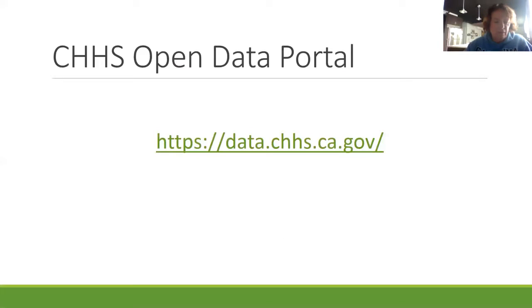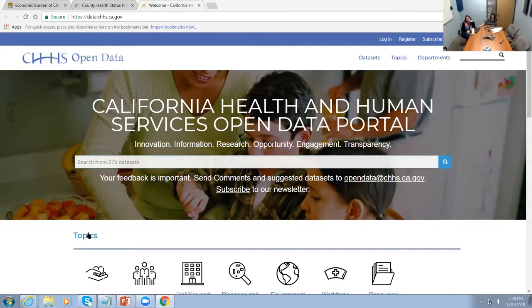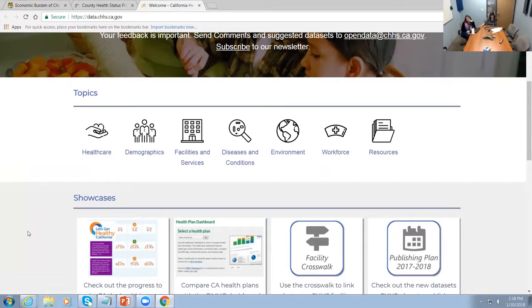Great. Okay. There is also the Open Data Portal. The California Health and Human Services Open Data Portal. There are an overwhelming number of data sets on this website available for your use.